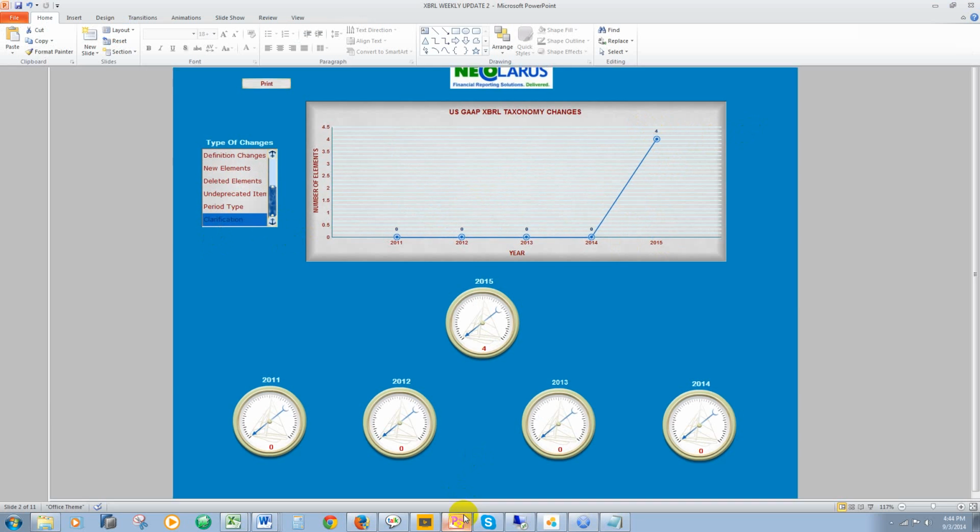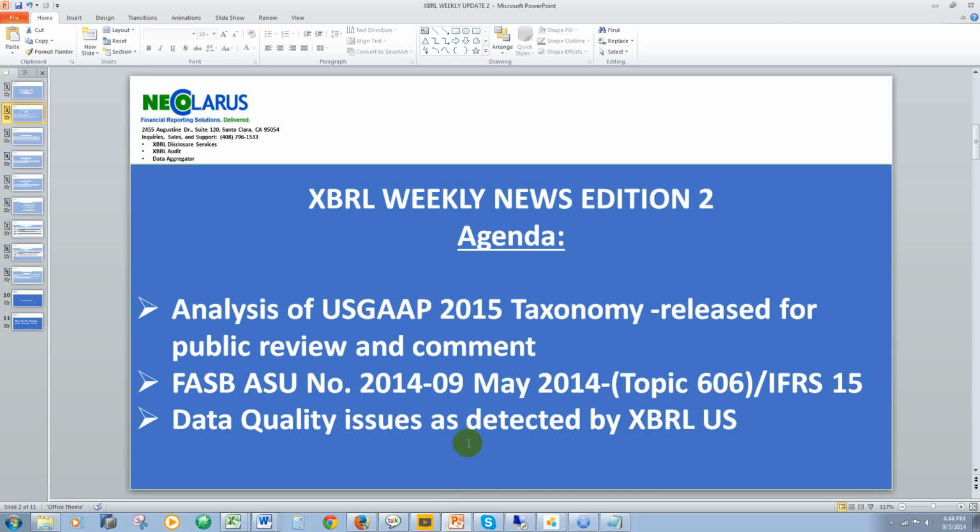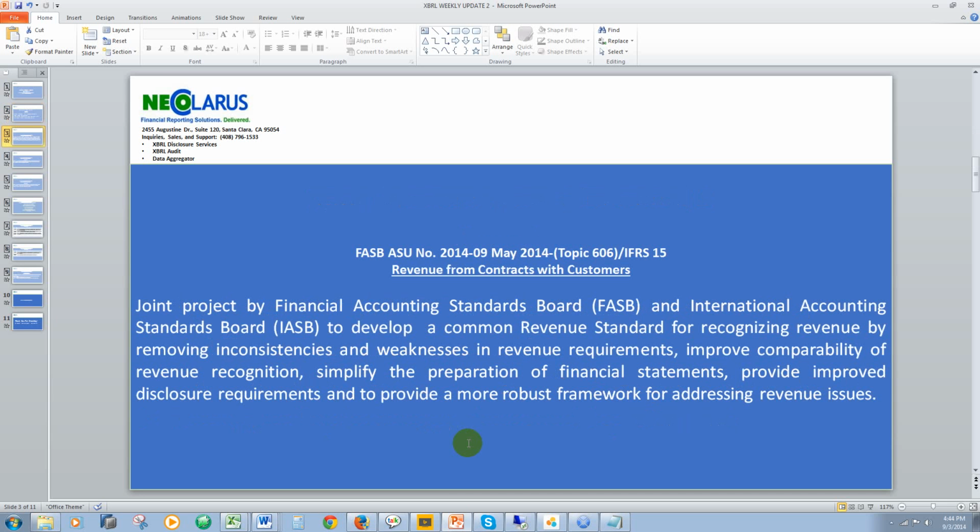So let's move over to the next topic, which is a very important standard both on the FASB side and on the IFRS side. This was with regard to the revenue recognition concept, so let's look at this joint effort between FASB and IASB.